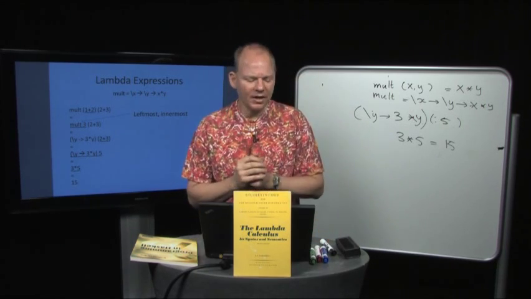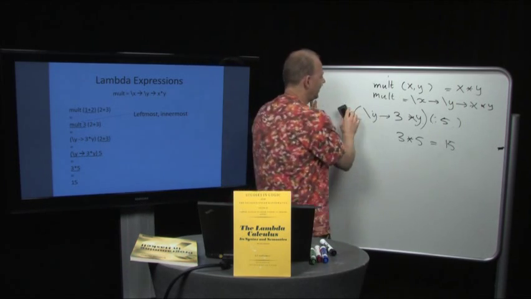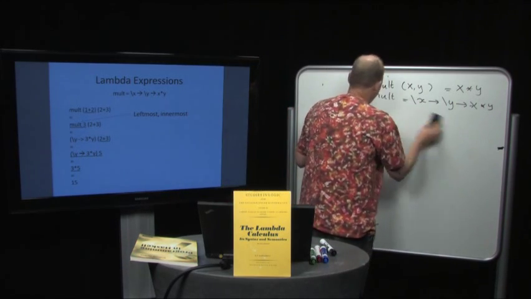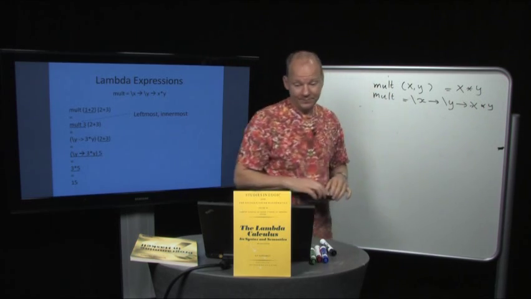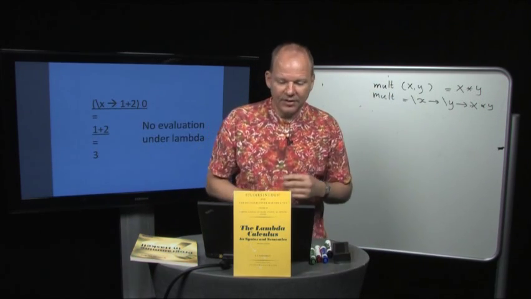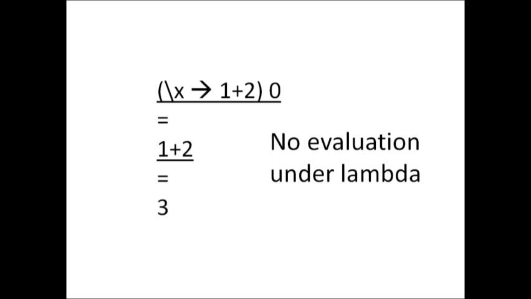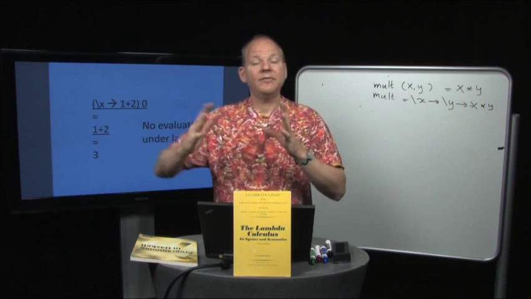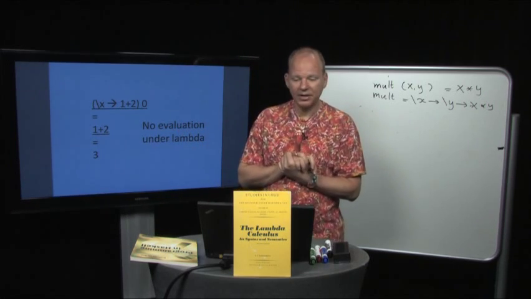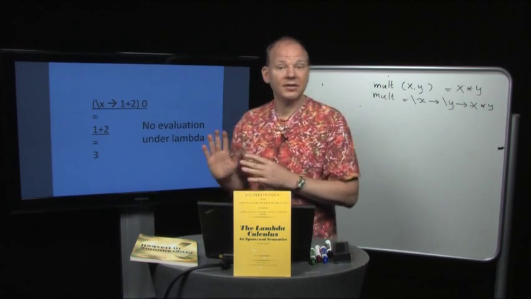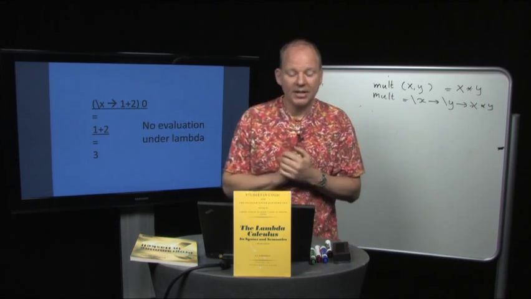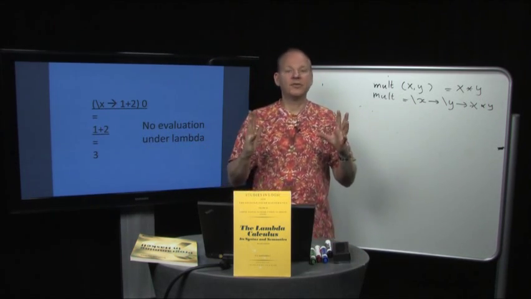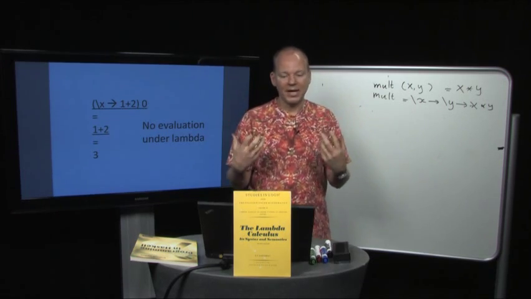Now, lambda expressions are interesting in other situations too, when you look at evaluation, namely that normally Haskell doesn't evaluate anything below a lambda. So if you have the example here that's on the slide, lambda x, 1 plus 2, if I apply that to 0, we don't consider the 1 plus 2 under the lambda as a redex, because we're not looking under the lambda. This function is considered as a black box.